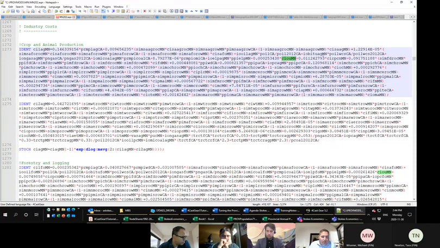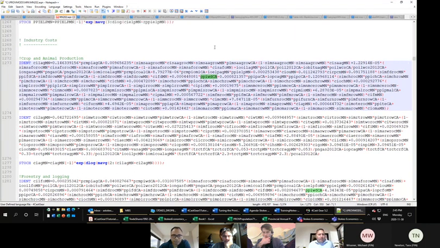On top of the cost components, we also try to get in all the raw material prices. So we have the producer price index for wood products. We have paper. We have petroleum and coal for the refined components. What else do we have in here? I think that's all. And these equations do differ.